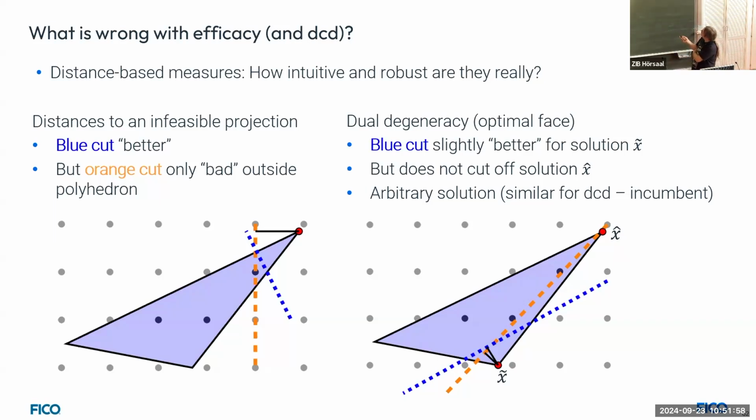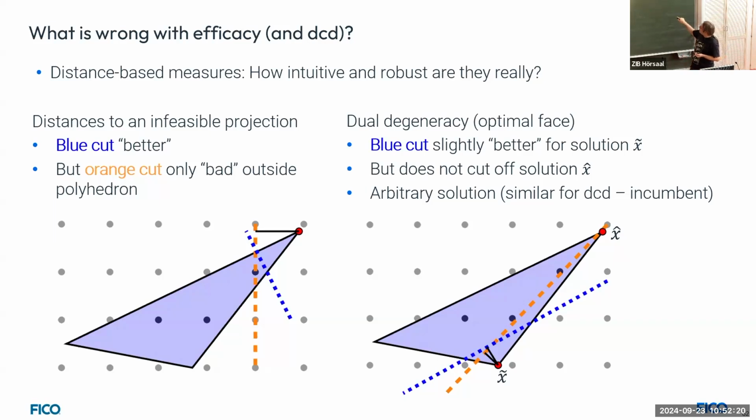In this case, the efficacy of the blue cut is better. The orange cut is closer to the optimal solution, but this closeness only applies outside the feasible region of your polyhedron. This was kind of the motivation for considering the DCD in the end.